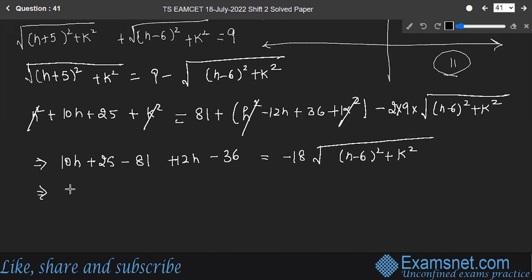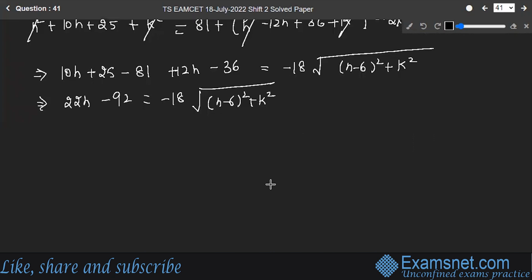You will have this as 22h and this 25 minus 81 minus 36 will be minus 92, is equal to minus 18 root of (h minus 6) square plus k square. To make it simpler, let's divide both sides by 2. You will have 11h minus 46 is equal to minus 9 times root of this.